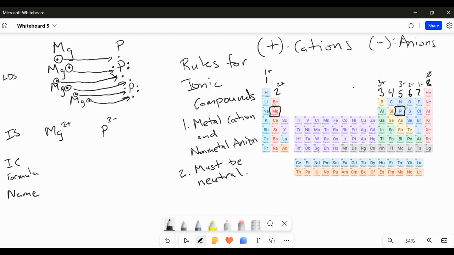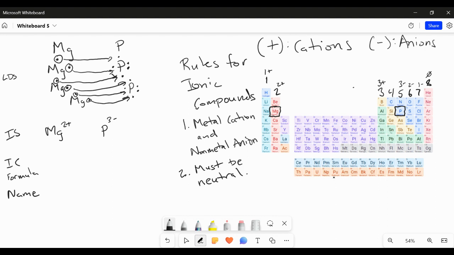Now there's actually a quick way that we could have figured out that it was going to end up this way. When we're trying to write the formula for ionic compounds, there's actually a strategy. This is sometimes called the crisscross strategy. Here's how this works.